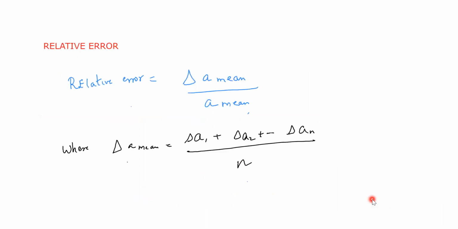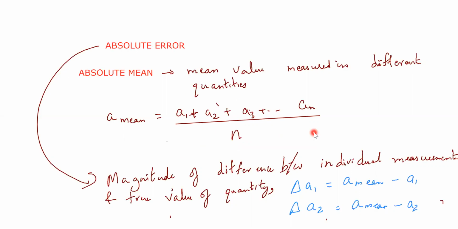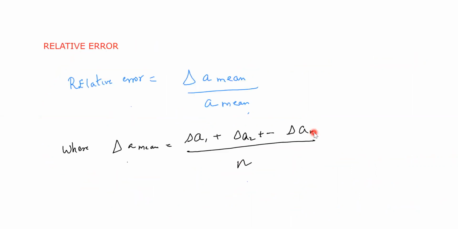Relative error: delta A mean by A mean, where delta A mean is delta A1 plus delta A2 plus delta A3 up to delta AN, divided by N. So this is again the absolute mean error. This delta A mean means absolute mean error.